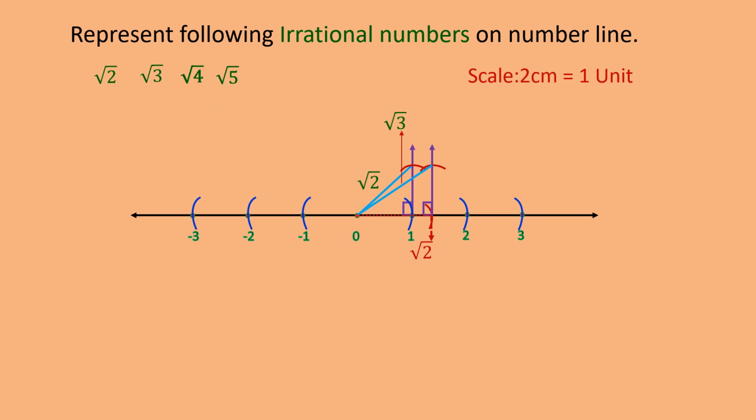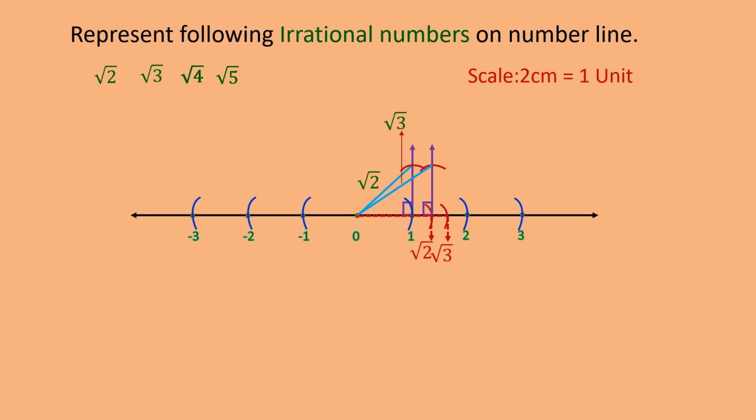So we know the total length of root 3, that we will fix in our rounder and cut an arc from 0 on the horizontal line. It will give you an arc here which will be indicated as root 3.